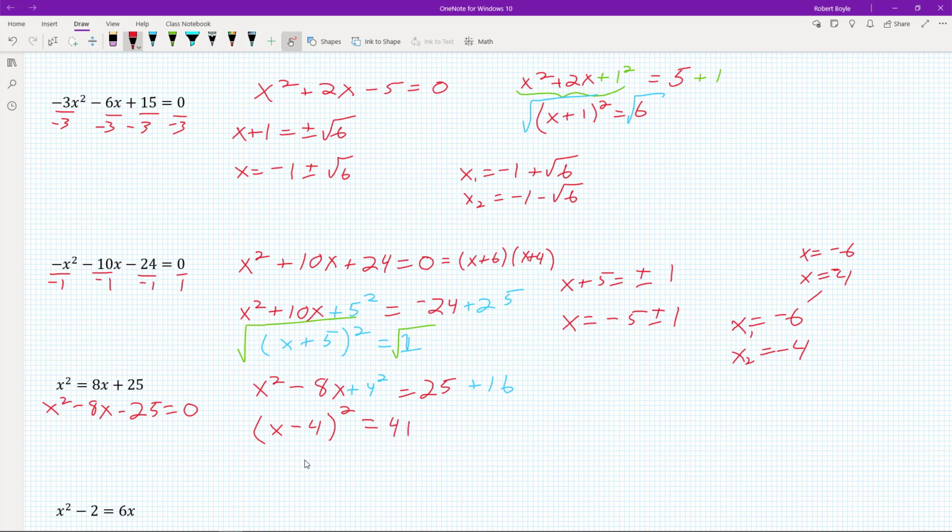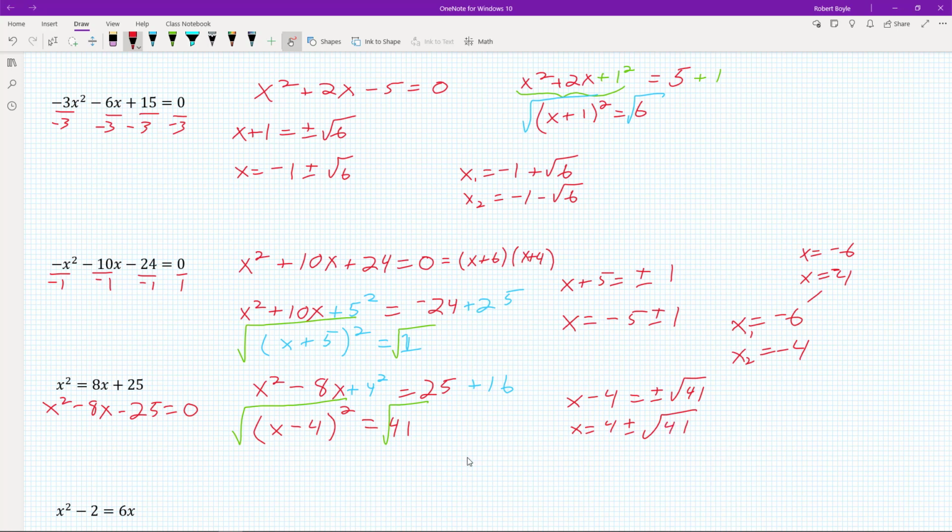Okay, now we get to this point, we are now back to where we can actually use our tools from section 10.1a, the square root method, to finish this up. And so we can take the square root of both sides. And if we do, we will have x minus 4 is equal to plus or minus the square root of 41. Okay, moving 4 over, we will have x is equal to 4 plus or minus root 41.